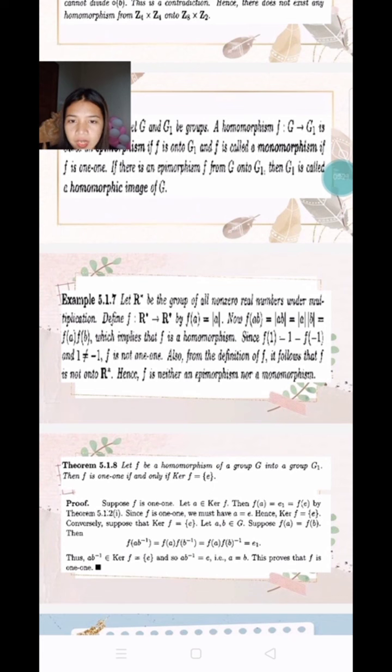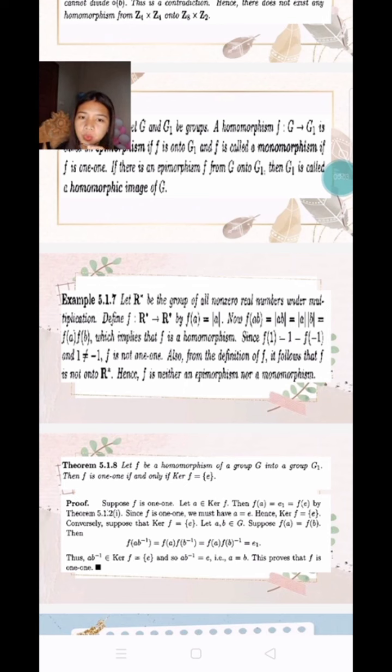Example 5.1.7. Let R star be the group of all non-zero real numbers under multiplication. Define the function f of R star into R star by f of a is equal to the absolute value of a. Now, f of ab is equal to the absolute value of ab, which is equal to f of a times f of b, which implies that f is a homomorphism.